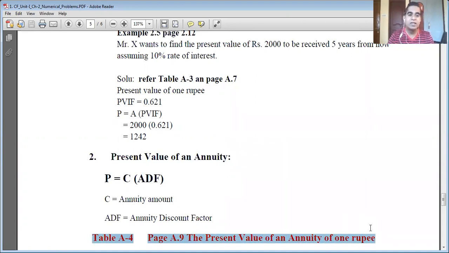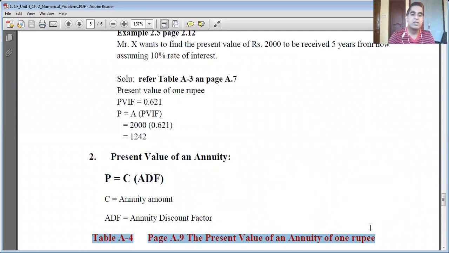So you should know exactly first whether the present value is to be converted into future or future values have to be converted into present. Depending on that, you can choose compounding technique or discounting technique respectively. So within the technique, again, you need to find out whether you need to find, for example, the present value of a single cash flow or present value of an annuity.